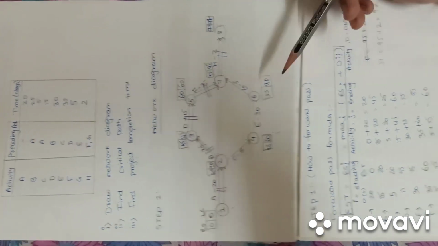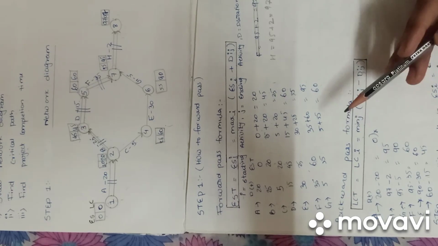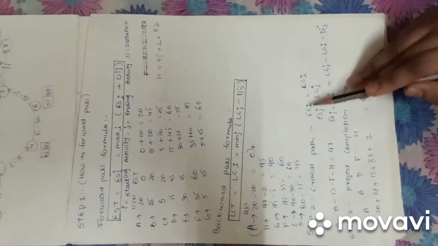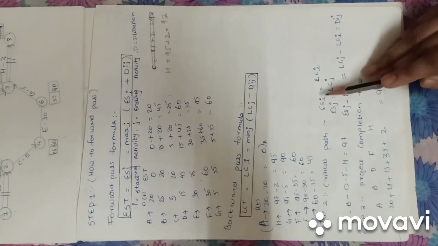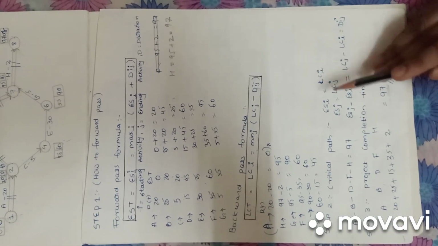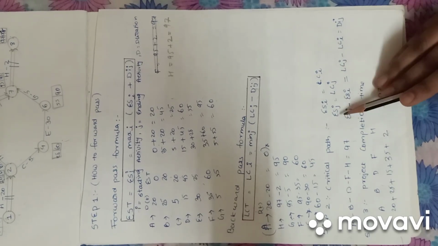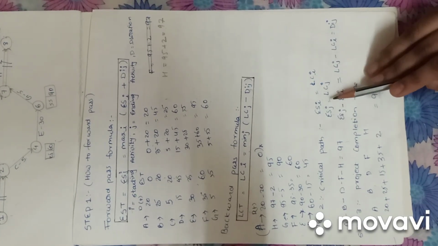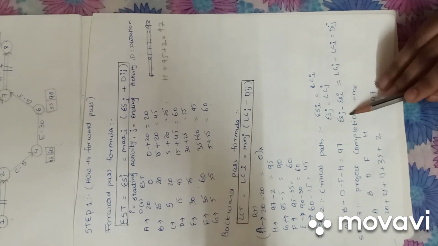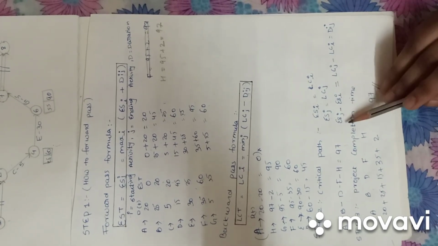After this we have to find the critical path. For the critical path, the earliest start time and latest completion time of the starting node must be equal, and the earliest start and latest completion of the ending node must be equal. This is the formula for the critical path.